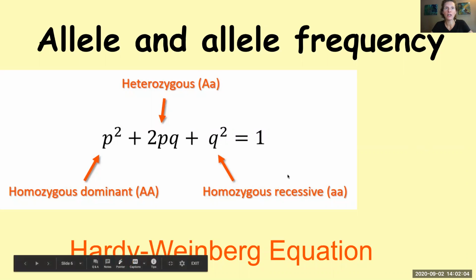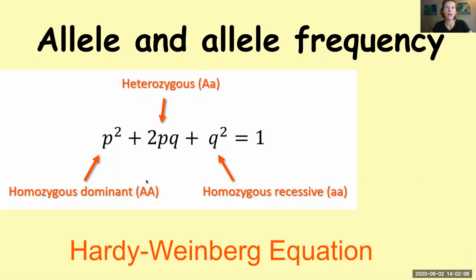It's a common equation, but in this case we are looking at it applied to the frequency of alleles in a population. The lowercase p represents the allelic frequency of the dominant allele.